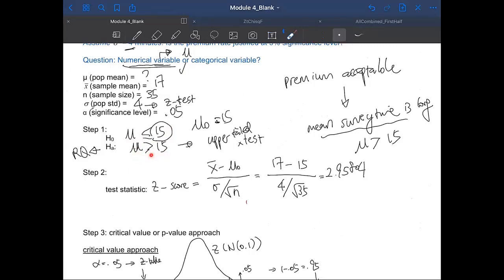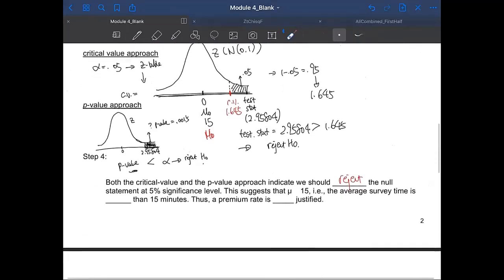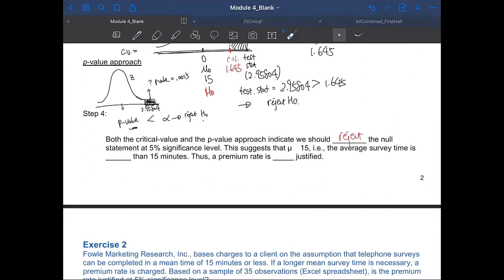The average waiting time is 15, but based on those 35 surveys you took, their average waiting time is 17. And statistically speaking, it is much higher. So the average survey time here is more than 15, because the average waiting time is much higher.